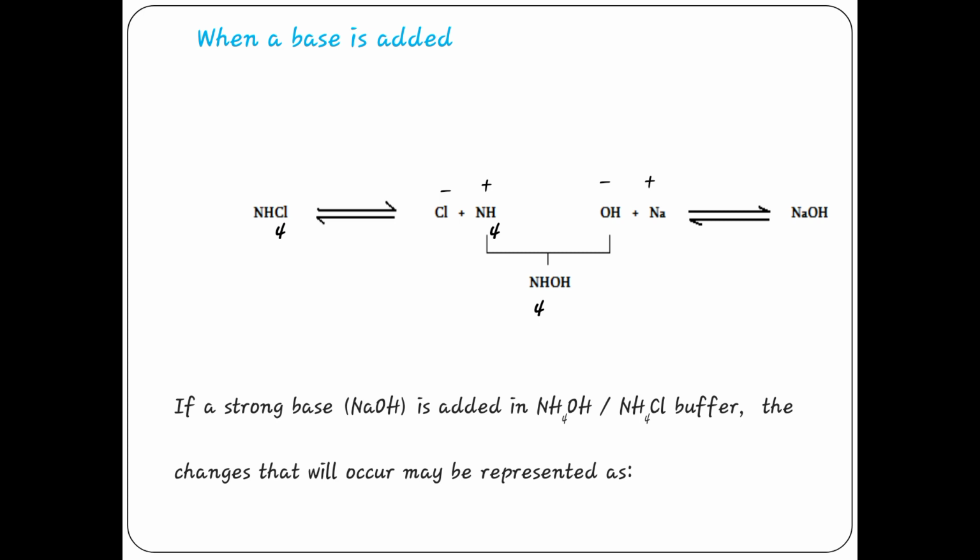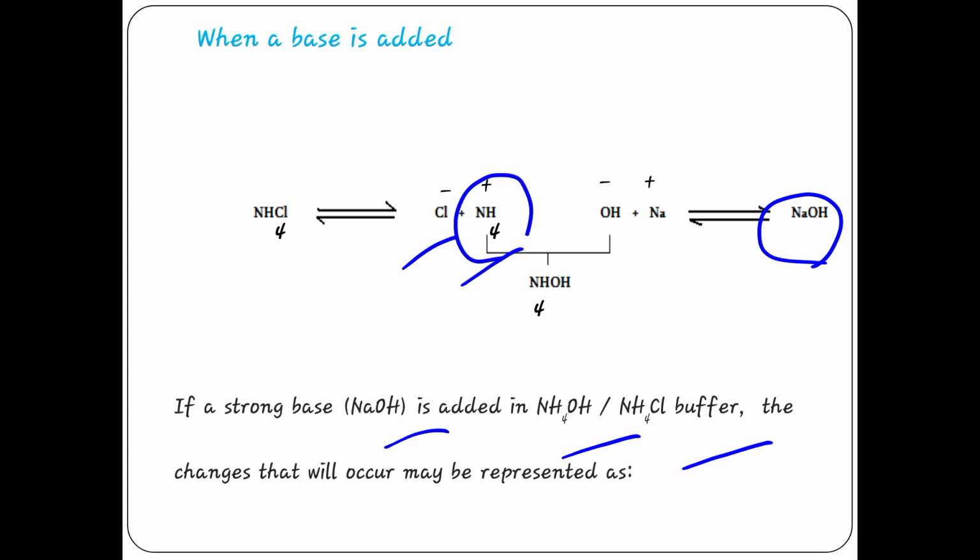Next, when a strong base, NaOH, is added to the ammonium hydroxide and ammonium chloride buffer system, the changes will be represented as follows. When a strong base is added, the concentration of OH minus ion increases. It will be decreased by ammonium chloride, which dissociates into Cl minus and NH4 plus ions.